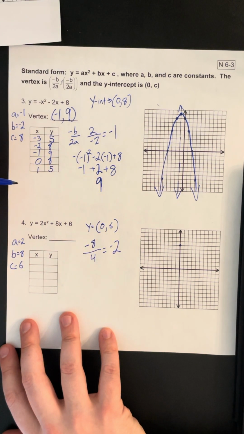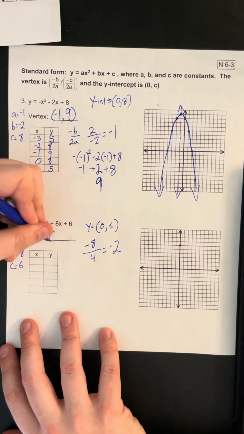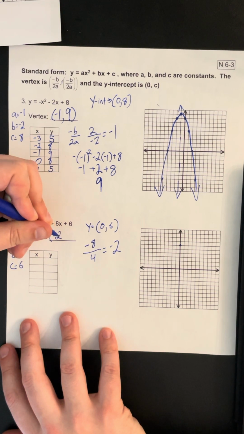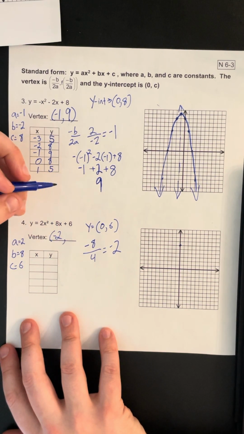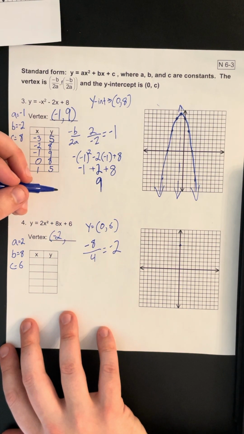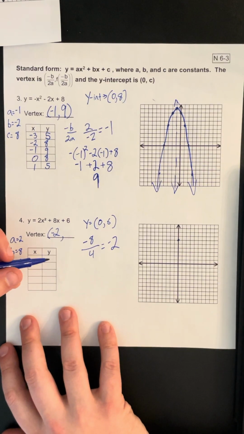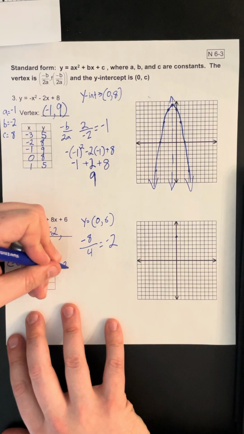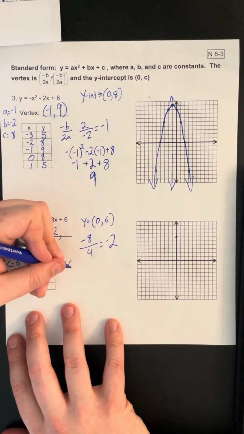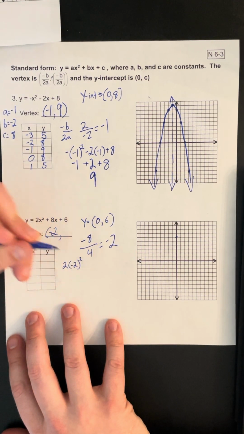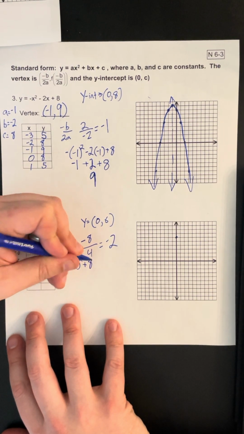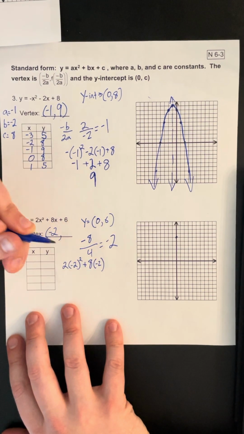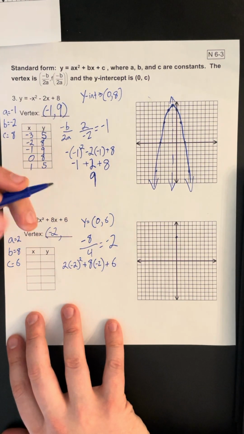End up with a -2. Okay, now I need to plug in a -2 into my formula. So 2 times -2 squared plus 8 times -2 plus 6.